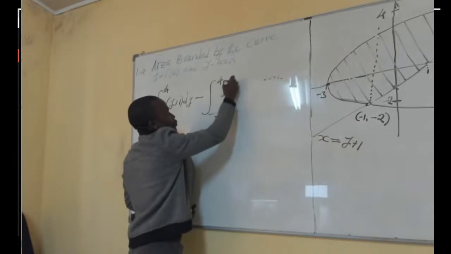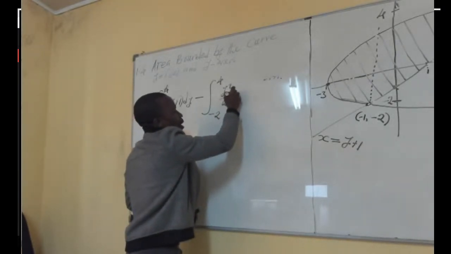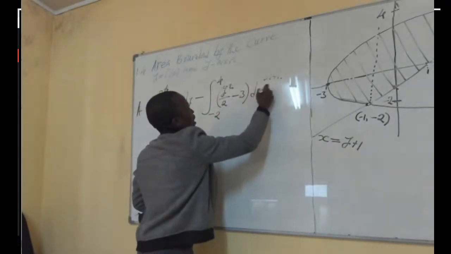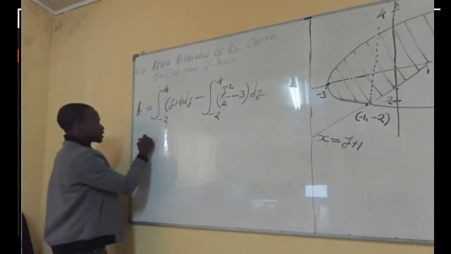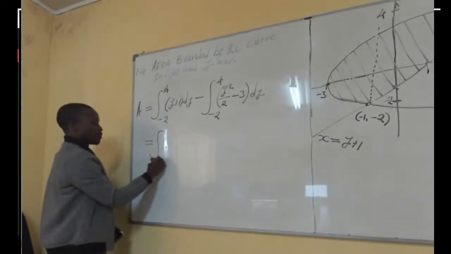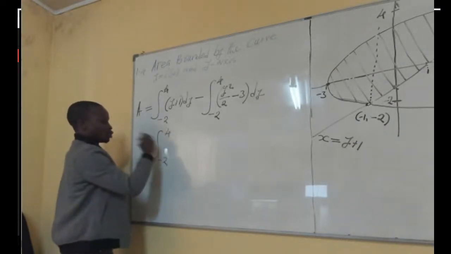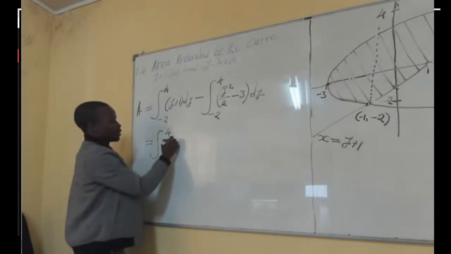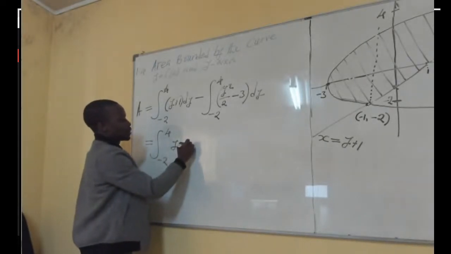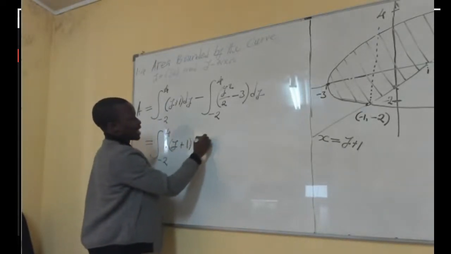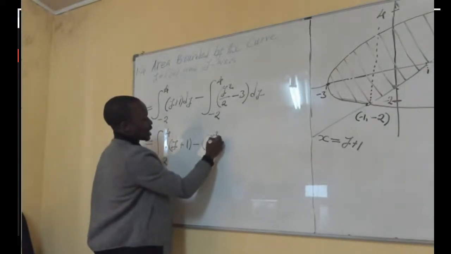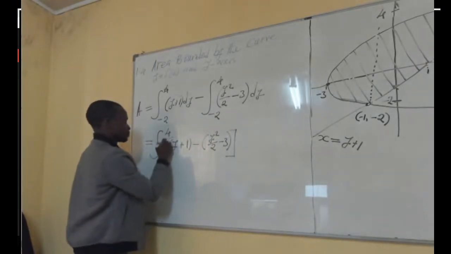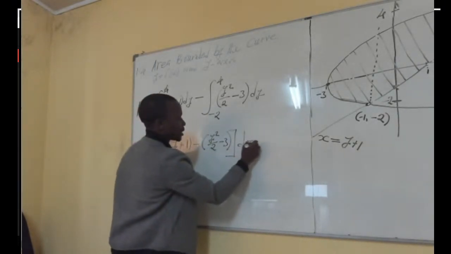Times y squared over 2 minus 3 dy. Because the limits of integration are the same, we can combine these two, and we have the integral from -2 to 4 of y plus 1 minus y squared over 2 minus 3, all dy.